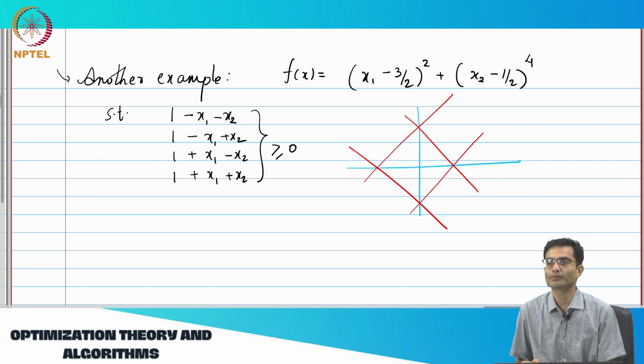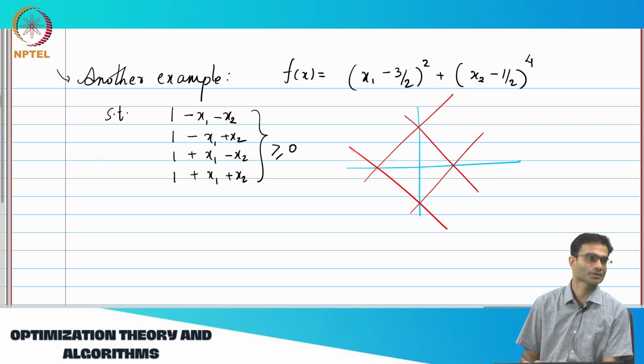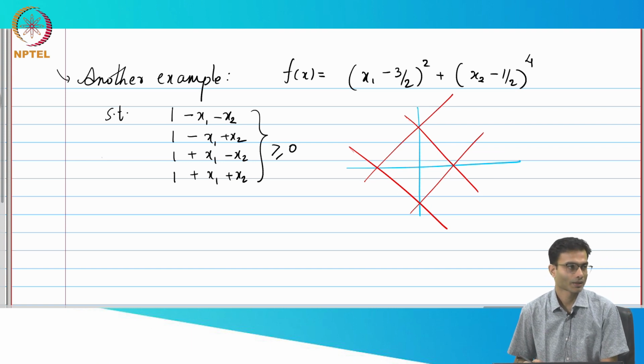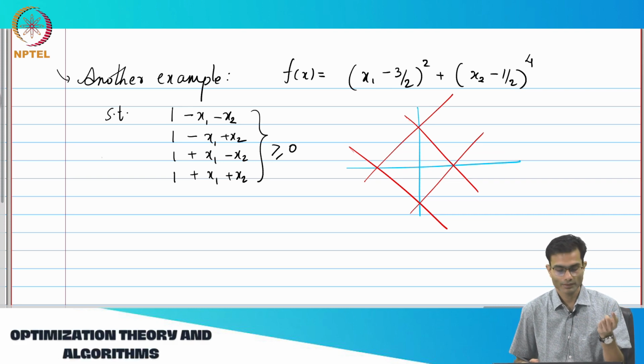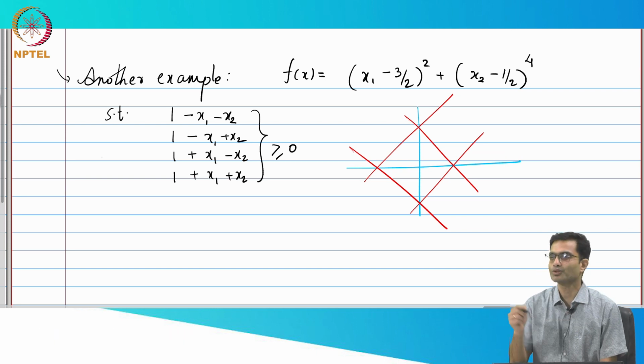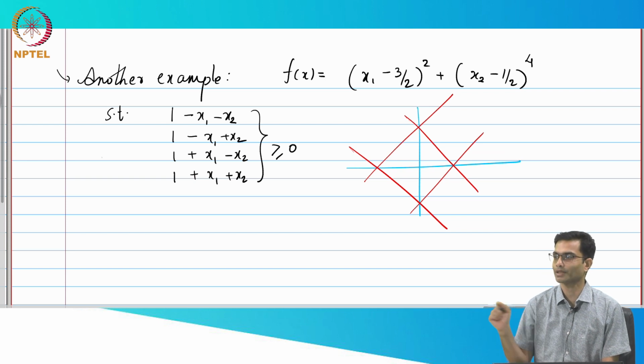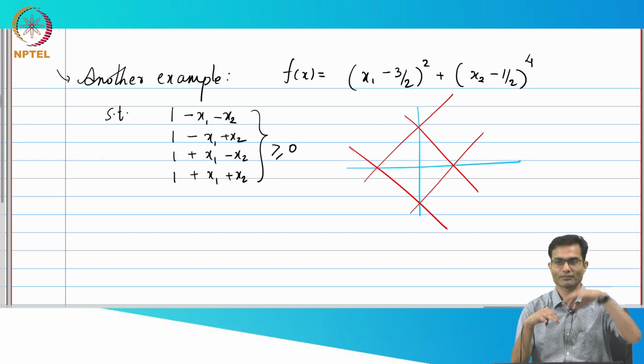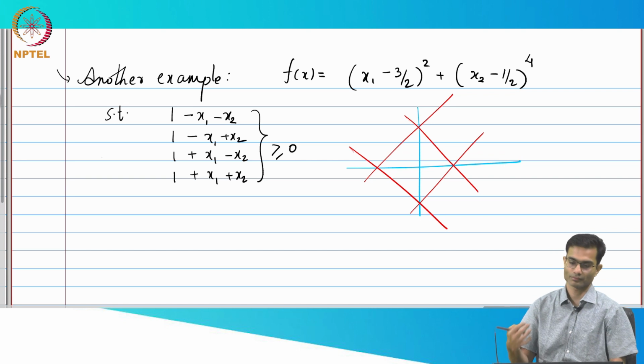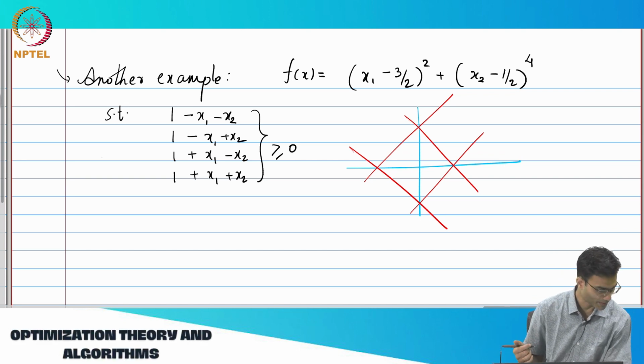And very quickly you can confirm, supposing I take the origin. The left hand side in all 4 cases will become 1, right? 1 is greater than or equal to 0. So the origin belongs to this feasible set. When you draw a feasible set, it's good to take a few test points to make sure that you didn't flip an inequality and mess it up that way.